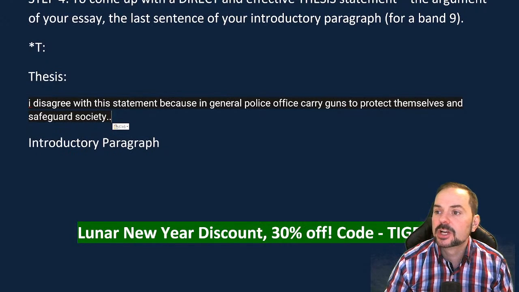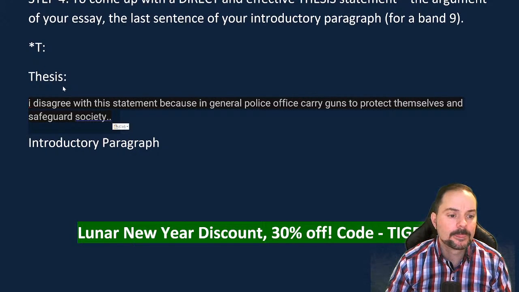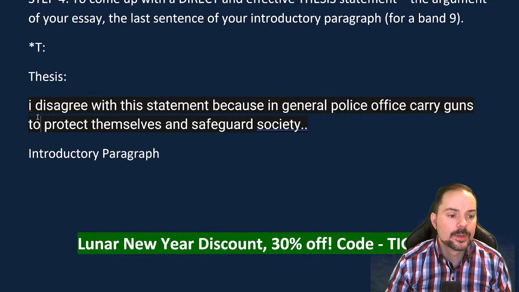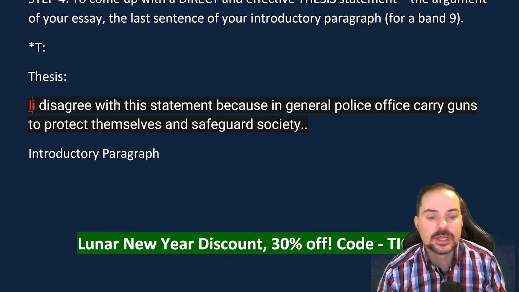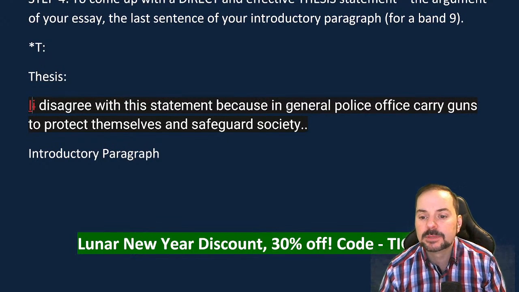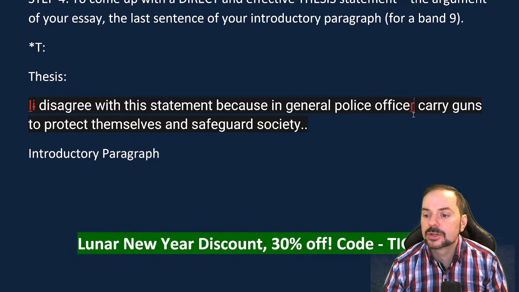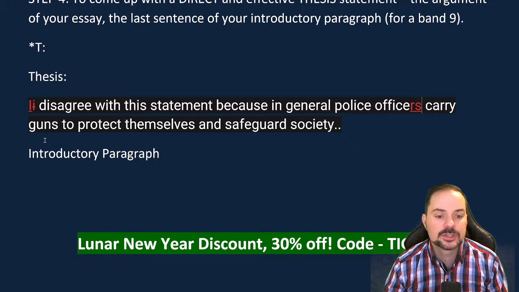Okay, so Pravasha in the chat is writing, let me just review it. Here we go. So always capitalize your I's. "I disagree with this statement because in general, police officers carry guns to protect themselves and safeguard society."